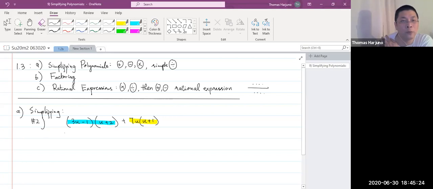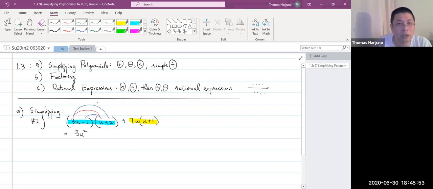Okay, now when we FOIL that, if you can do it faster, that would be great. If not, then you will write more. But the way I see it is the following. 3u times u is what? 3u squared, right? Now the middle, the outer and the inner will combine.